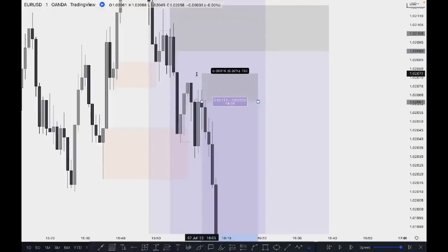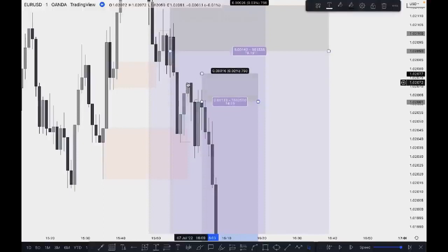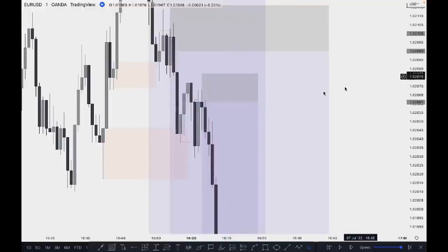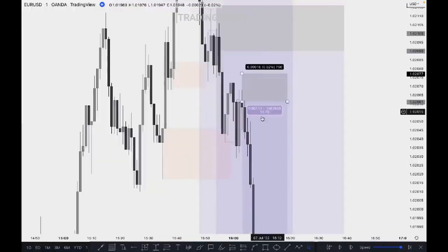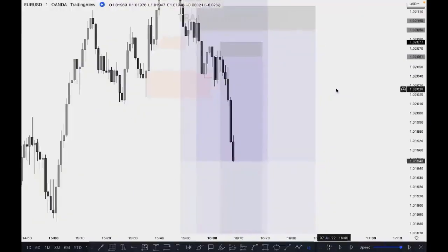Okay, so I put the stop loss just above it which is here, correct. And in this case you can see market completely respected our entry strategy. Okay, so this is our next entry, which is we can enter here. Okay, now let's see.